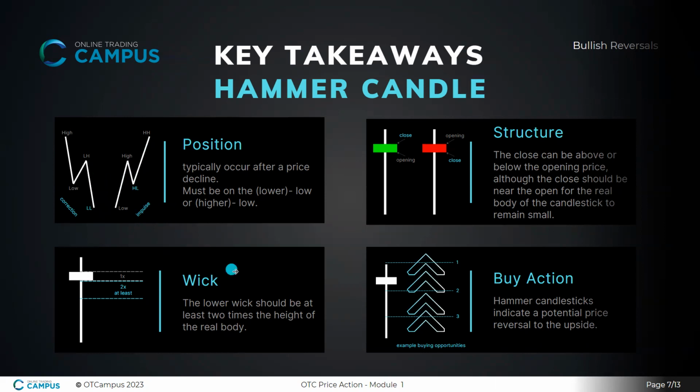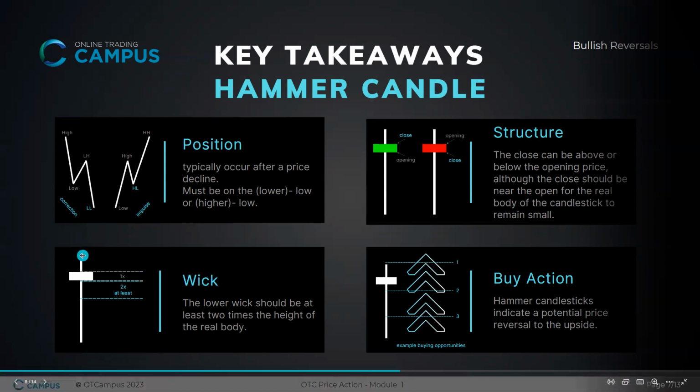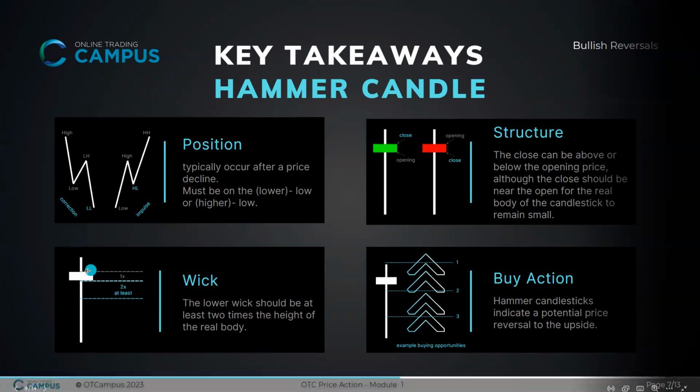Another one is the wick. Here, look, left side, we have a clear hammer candle, and look, the body is the size of 1, right? The lower wick should be at least 2 times the height of the real body. That means this is the range of 1 here, and we need it as a minimum. The minimum is to have the lower wick 2 times at least.